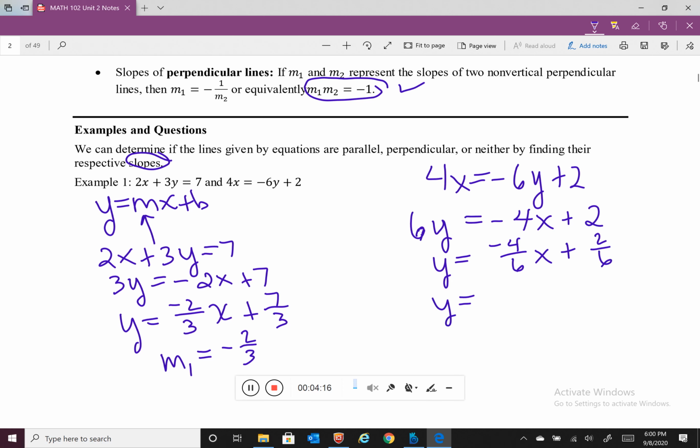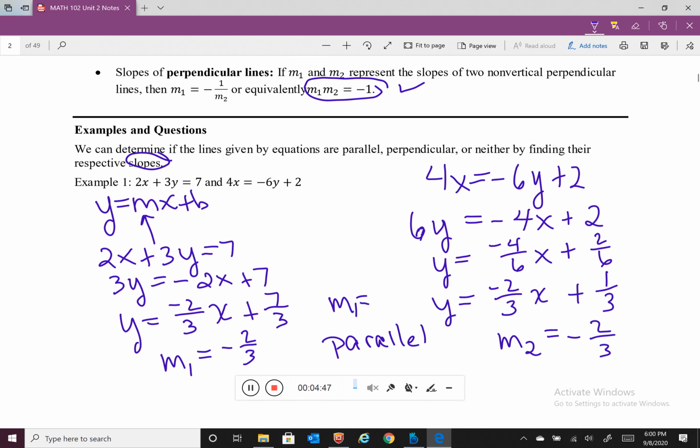So -4 divided by 6 simplifies to be -2/3 times x, plus 2/6 simplifies to be 1/3. And notice once we simplified the coefficient of our x term for our second equation, we also get a slope of -2/3. Therefore, these lines are parallel. And that is because m1 is equal to m2.